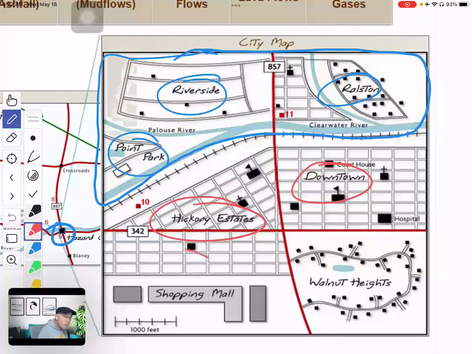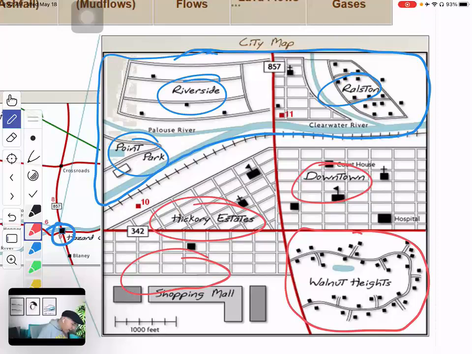We have here Shopping Mall, which is a suburban district with residents and a large shopping mall, and a primarily residential area up in the hills of Walnut Heights with single-family homes, multi-story homes, newer construction.